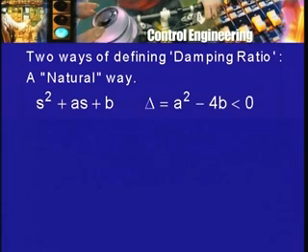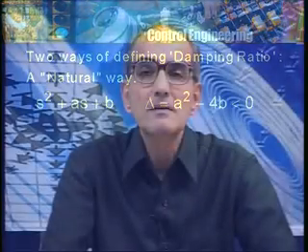You remember that we are looking at the quadratic factor s squared plus as plus b for the case when the discriminant was negative, the discriminant delta being a squared minus 4b, and because of that we had a pair of conjugate complex poles or roots.